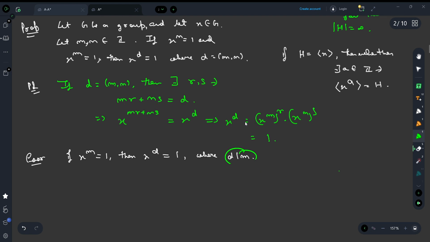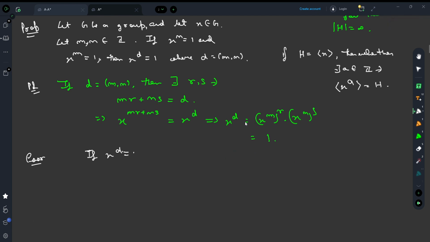Or we do not even need this criteria as well. Because if d divides m, then m can be written as d times s. So x to the power m is equal to, sorry, my bad, I stated this in the inverse order.